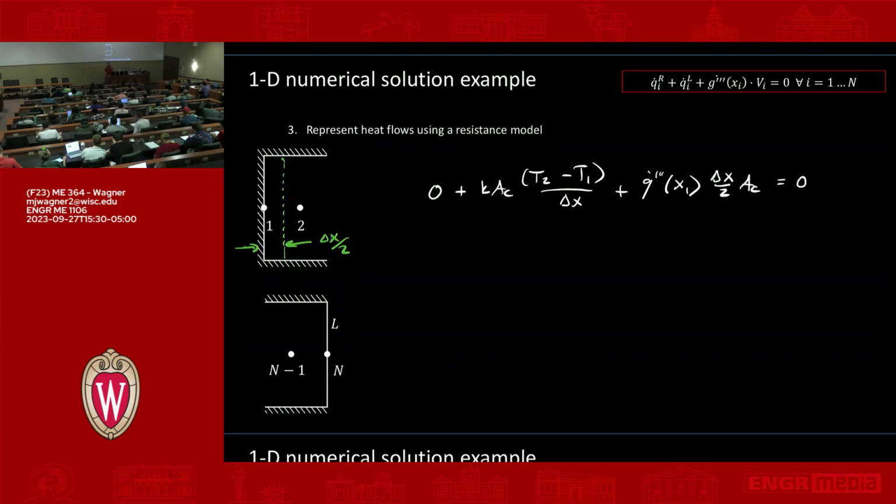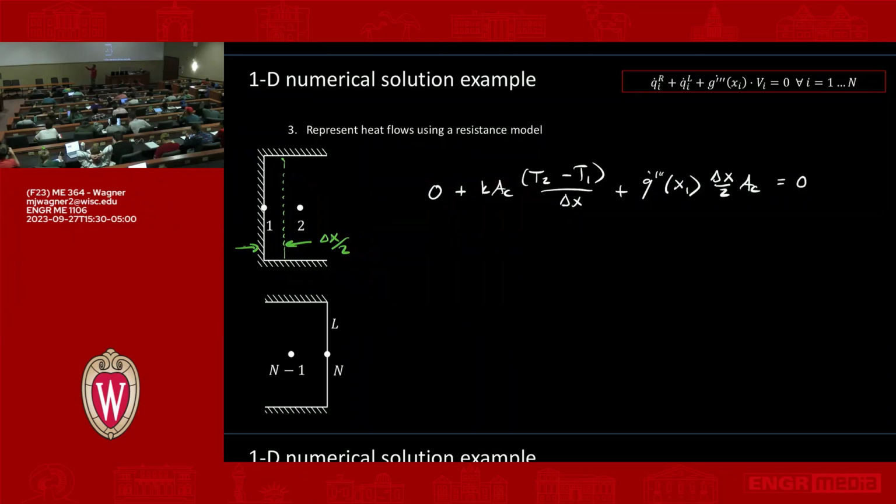Question? In the first term, no. The question was, should the first term be multiplied by 2? The distance to conduct is still delta x. The distances from node 1 to node 2, they're still separated by delta x.